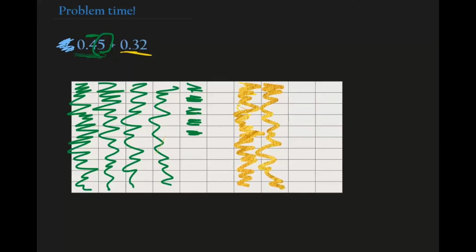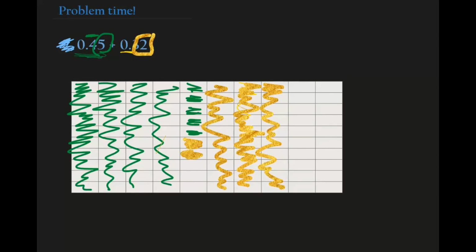I left this one out, so let's do 3 here. There we go. And then now we have 2 over here. Okay, sorry. I went over it instead of going like that. Okay, there we go. So that means we're just going to shade 2 of these. So we have 1 and 2.